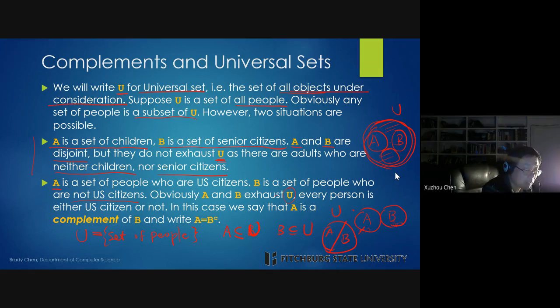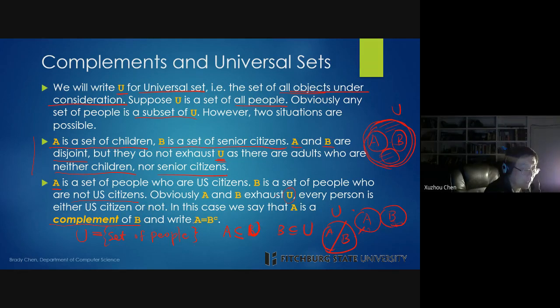So A and B exhaust U, and every person is either a US citizen, which belongs to A, or not, which belongs to B. In that case, we say A is a complement of B.